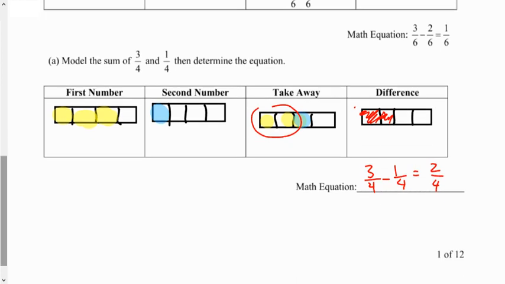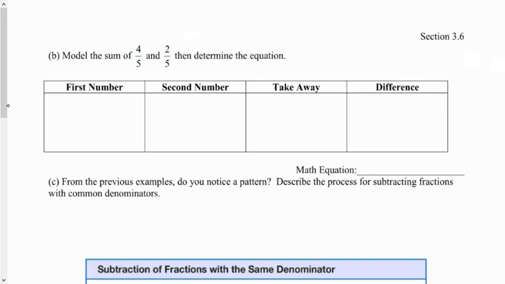Okay. Now, hopefully you look at that and you say, oh, just like with addition, if we have common denominators, then this is pretty easy. Okay, and so go ahead and you can do the model for this if you'd like. It's posted online.